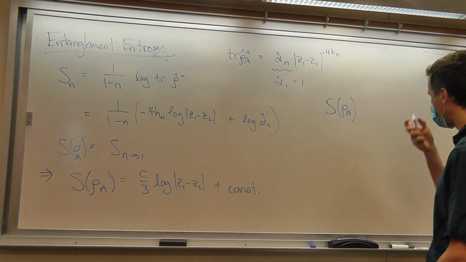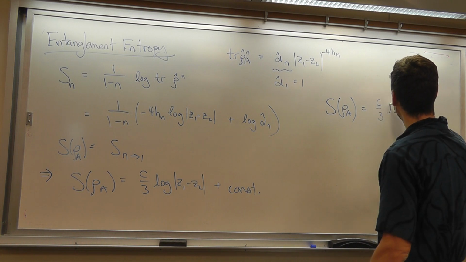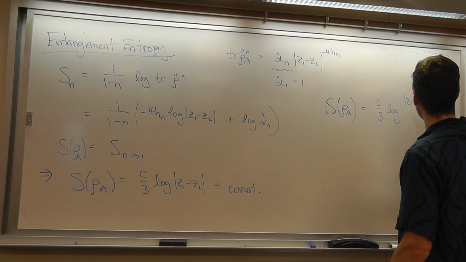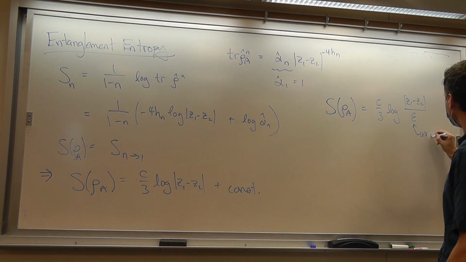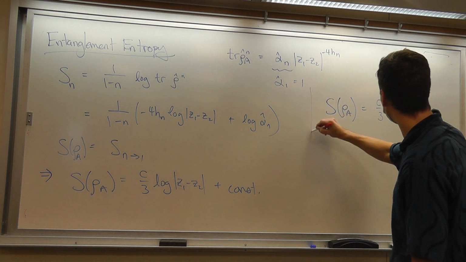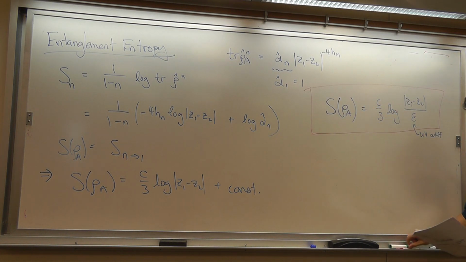So the way we write this formula is S of rho A is c over 3 log absolute value z1 minus z2 over epsilon, where that's the UV cutoff. And that is our final answer for the entanglement entropy in the vacuum state of a 2D CFT.